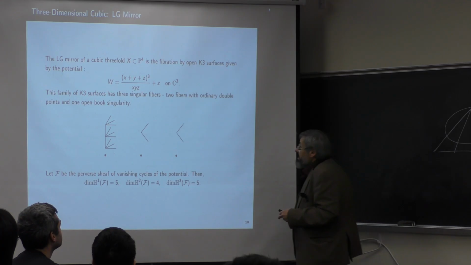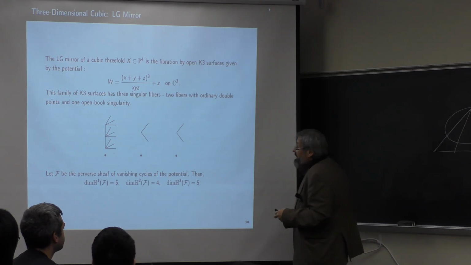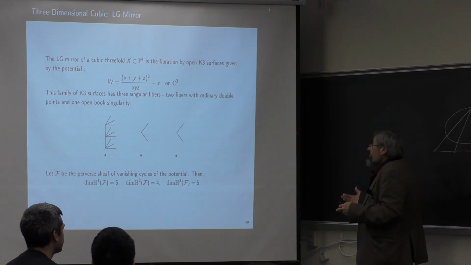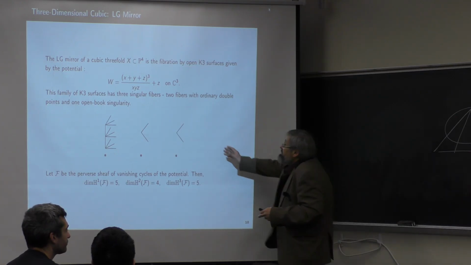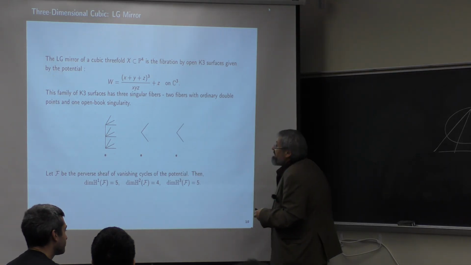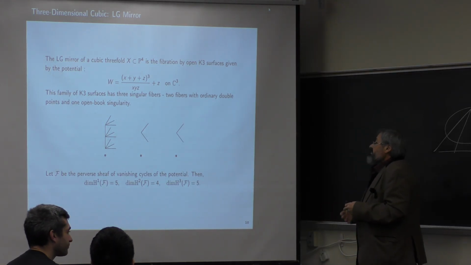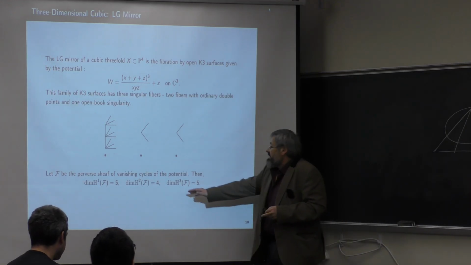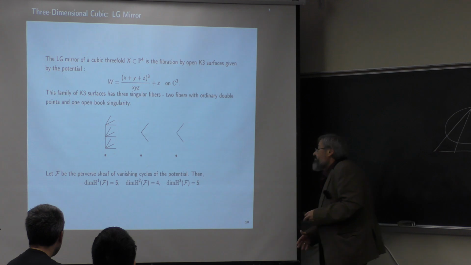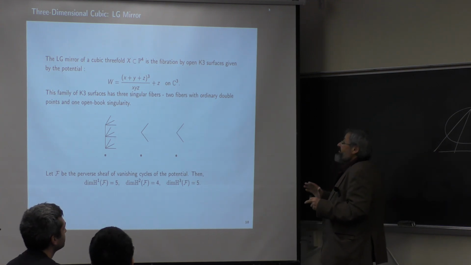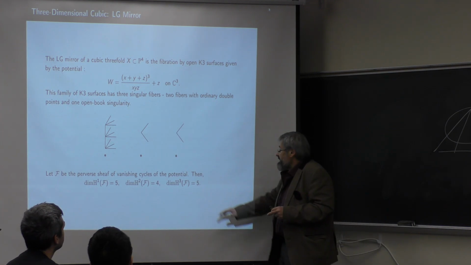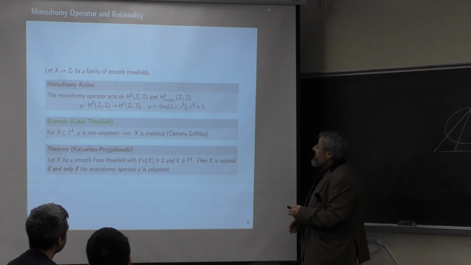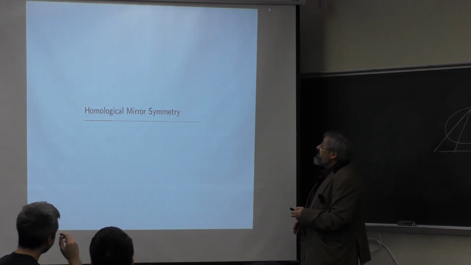And so you can try to see what is the geometry of this fibration, what is the information that is hidden in this singularity. The first thing to try to do is to compute the hyperhomology of these perverse sheaves of vanishing cycles, and you'll see that in a way you recover the homology of your initial cubic, but with some changes.